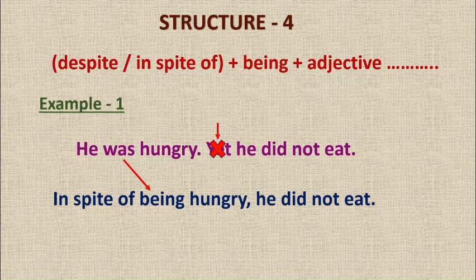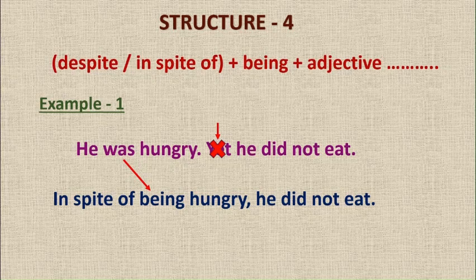Hungry is an adjective, so we wrote hungry as it is. We changed the full stop into a comma, removed the word yet, and wrote he did not eat as it is. Now the sentence becomes: in spite of being hungry, he did not eat.